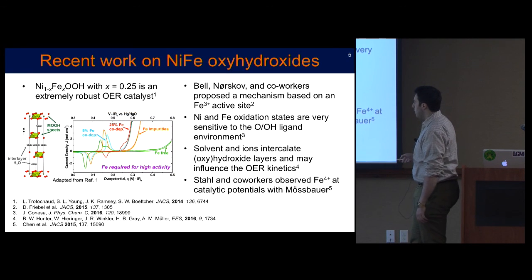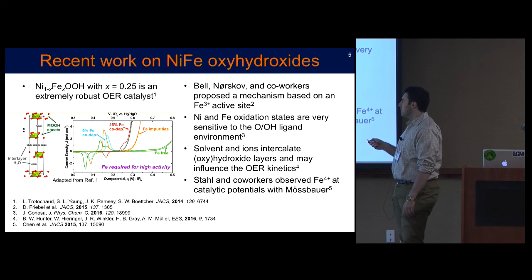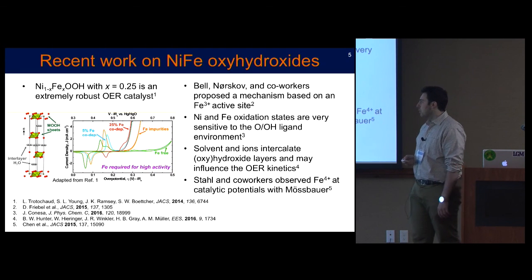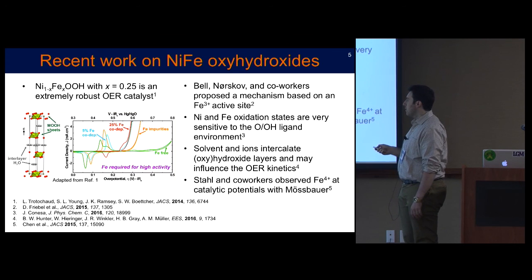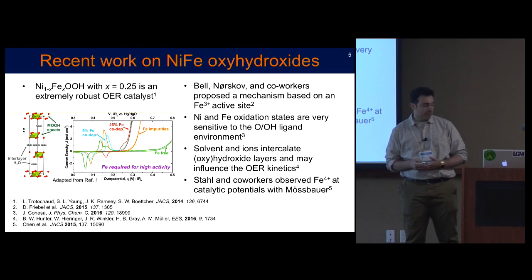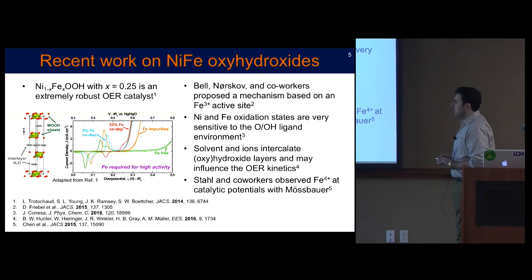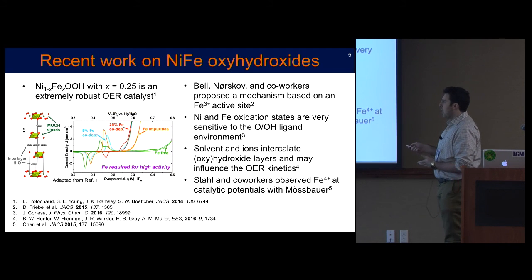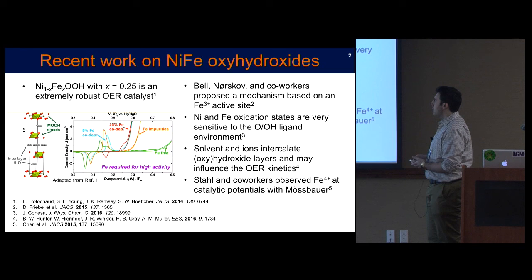Funny enough, even the accidental inclusion of iron impurities or iron dopants gives you a very significant increase in catalytic activity at lower overpotentials. And then the more intentional 5 or 25% iron doping gives you what appears to be the optimal or maximum catalytic activity for this material. And 25 seems to be the optimal iron loading for OER catalysis.